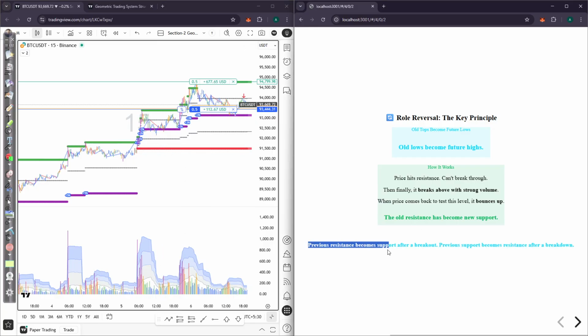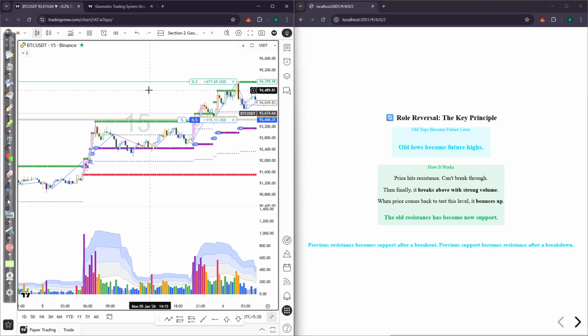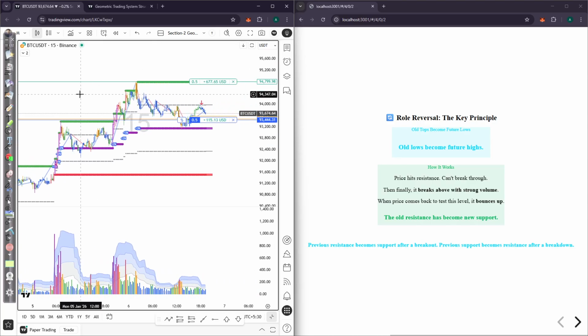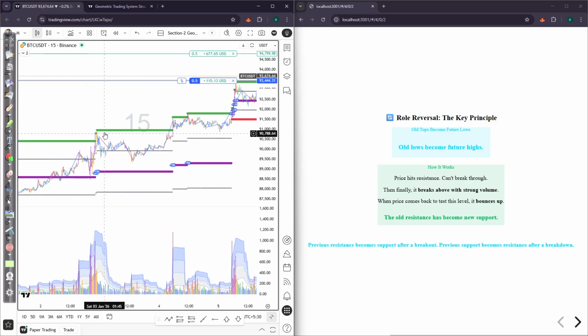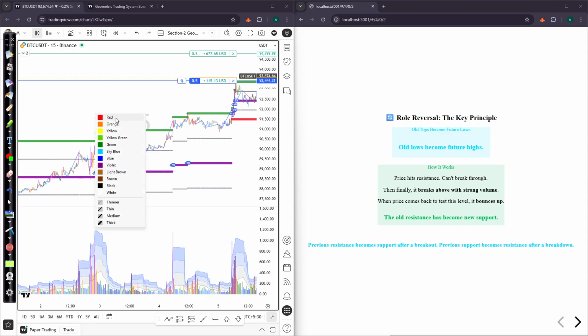Now, previous resistance becomes support after a breakout. Previous support becomes resistance after breakdown. What it's telling us is this. So this was previous resistance, right? If I come here, I can show it to you. See, price actually came down from this.